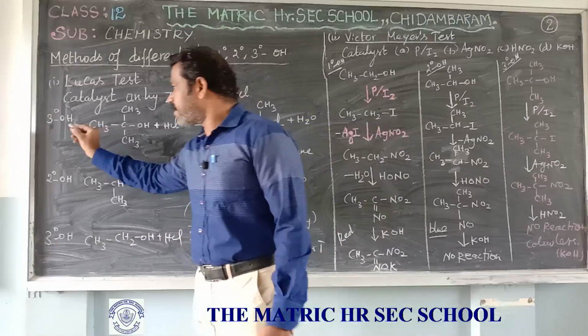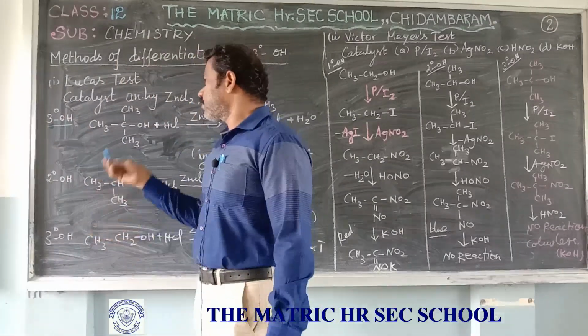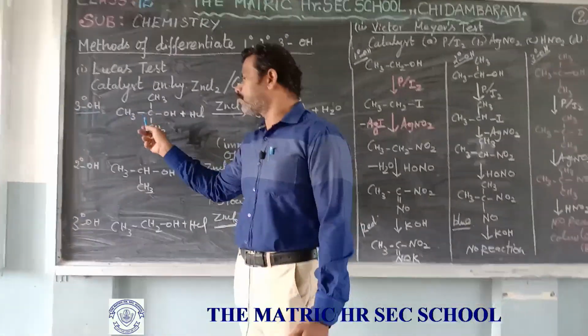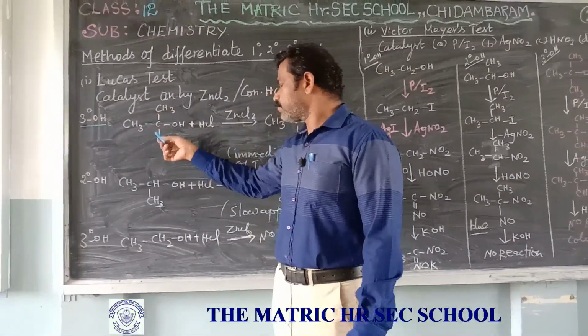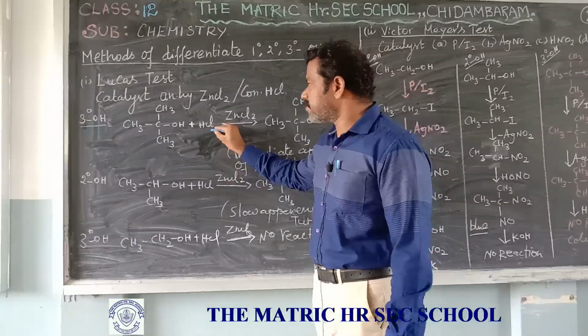First I will take the tertiary alcohol. You know a tertiary alcohol is one where the functional group substituted carbon is directly attached to three alkyl groups. I will take this compound and add anhydrous zinc chloride and hydrochloric acid.